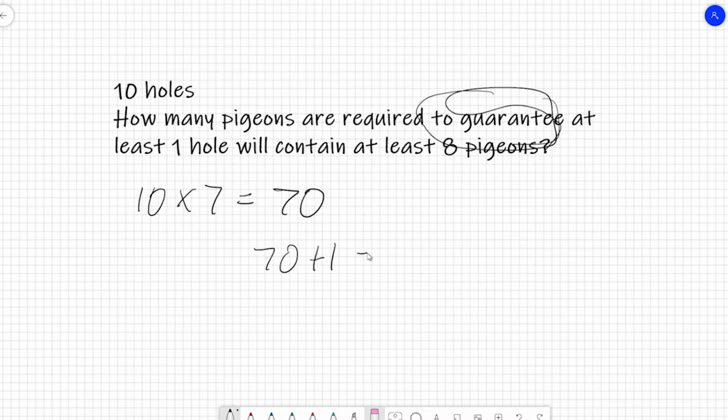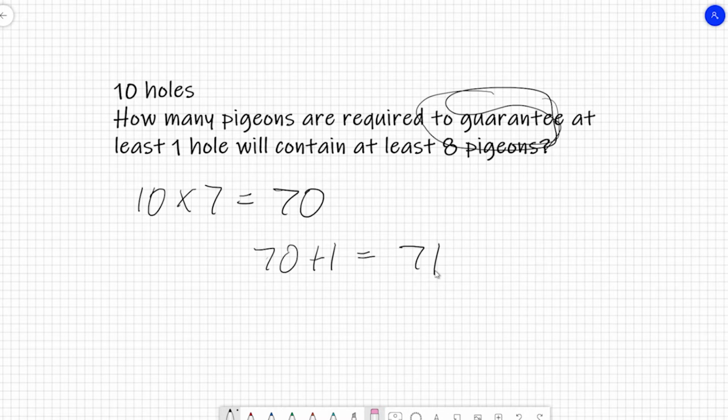So even in the worst case scenario, when all the holes are filled, you still have this extra pigeon. Even when all the holes only have 7 each, you still have this extra to bring at least one hole to at least 8 pigeons. So it doesn't really matter how these 71 pigeons are distributed.